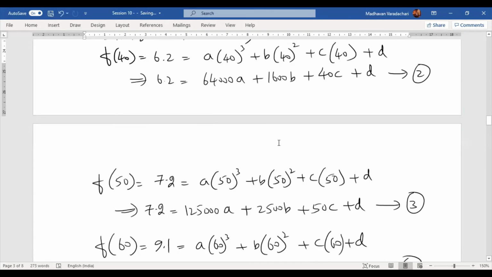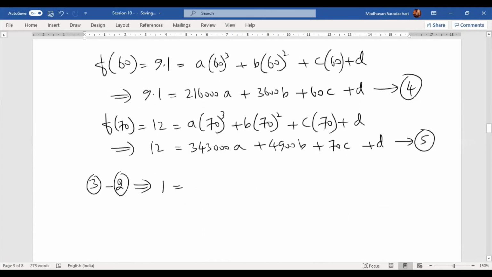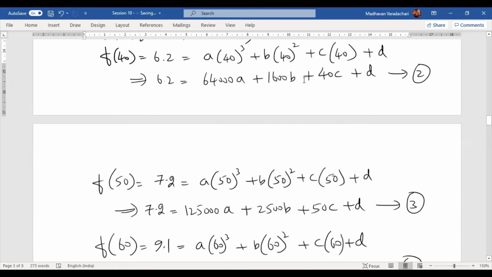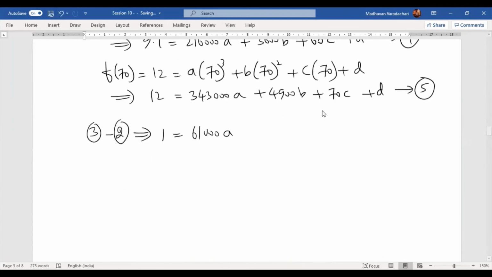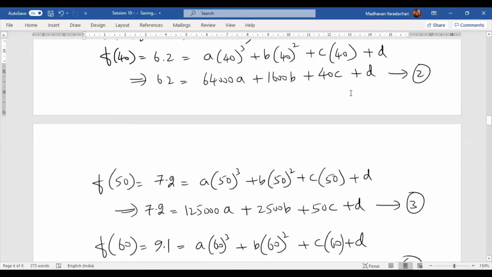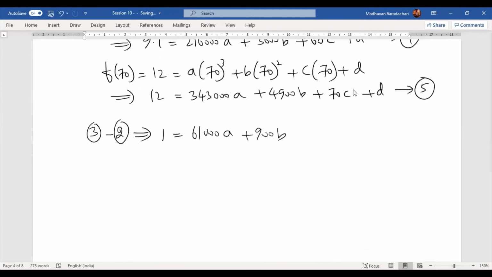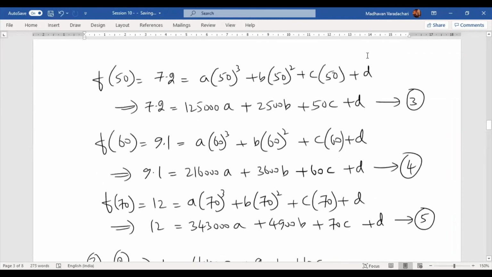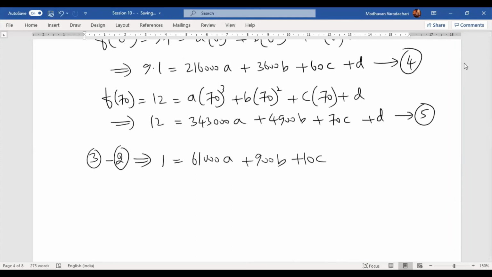If I subtract these two, I will get 61,000 A, and then 2500 minus 1600, it is 900 B. And then 50C minus 40C, it is 10C. And then D and D will get cancelled, eliminated. That is one part. Let me call this equation 6.